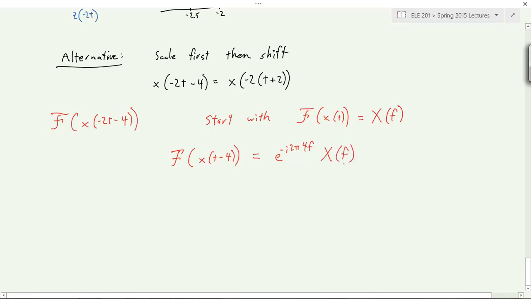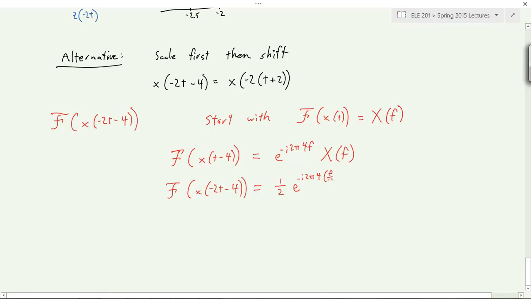Okay, and then we would say that the Fourier transform of x of -2t minus 4, now I've applied a scaling rule. So that's going to be 1/2. And then I replace every f with an f over -2. That's what the rule is. So that means it's 1/2 e to the -i 2 pi 4, and then I'm going to have an f over -2.